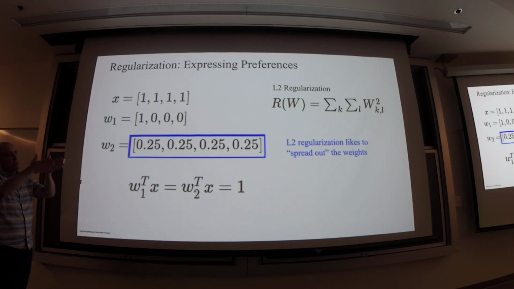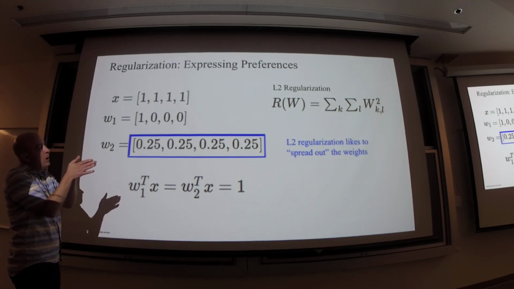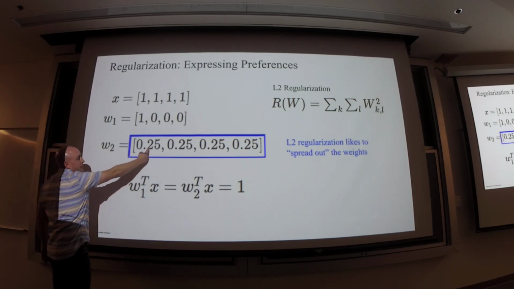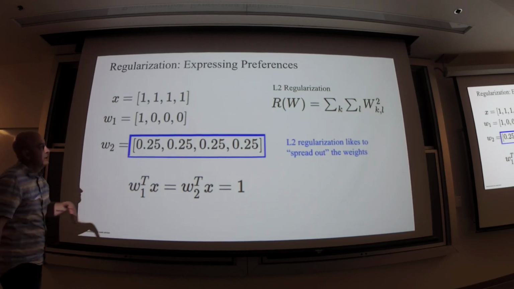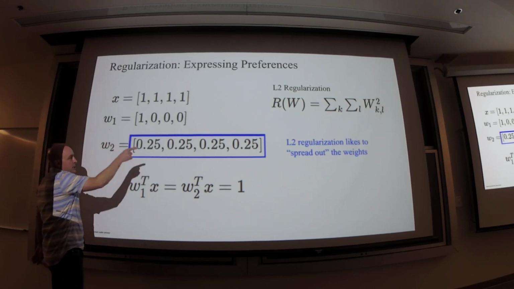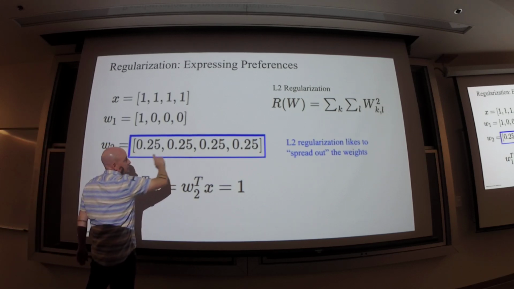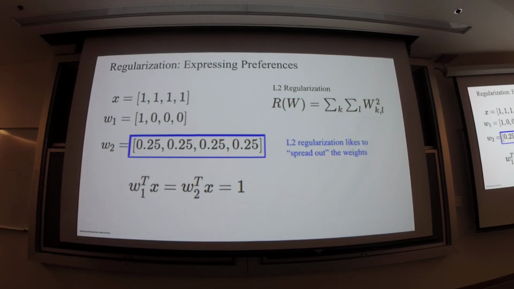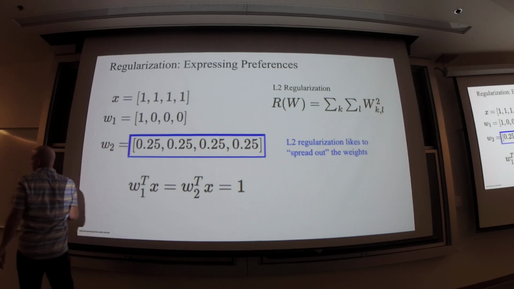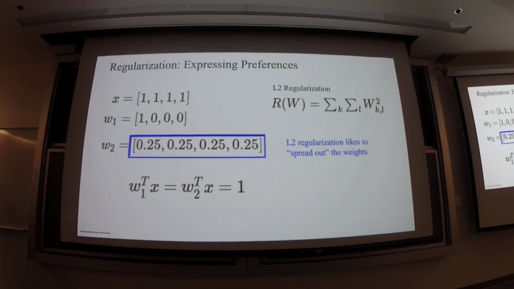So you get a regularization score of 1. But if I put these in, I'm going to get the square of a fourth, which is less than a fourth, and I sum up 4 things less than a fourth, so I'm going to get less than 1. That term's actually smaller than 1. So this regularization term prefers solutions that look more like this, like I was saying earlier, where the weights are smaller and more spread out amongst all of the possible weights, rather than all concentrated in a single entry.